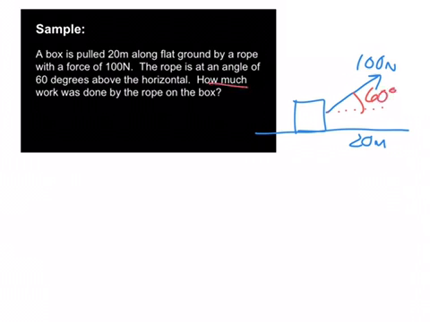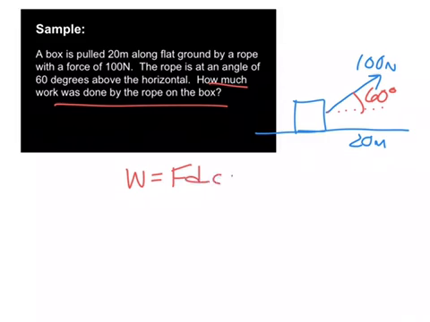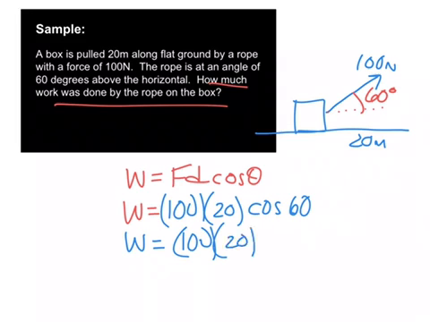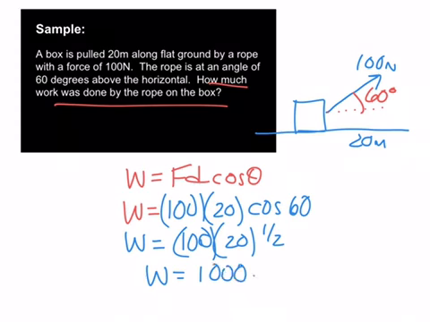And it says how much work was done by the rope on the box. So we can use our equation, work equals FD cosine theta. Work equals the amount of force on the box was 100 newtons, displacement 20 meters, cosine 60 degrees. So the work done is 100 times 20, and cosine 60 is a half. So the work done is 1,000 joules.